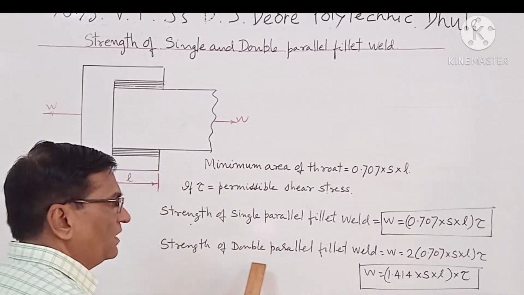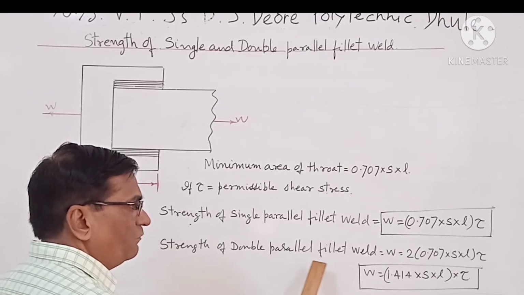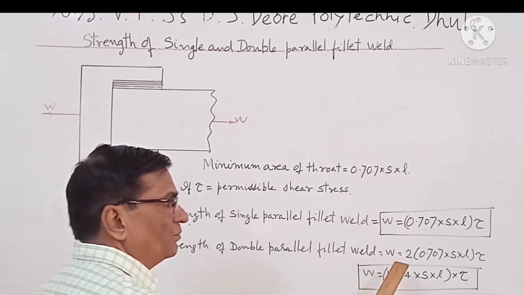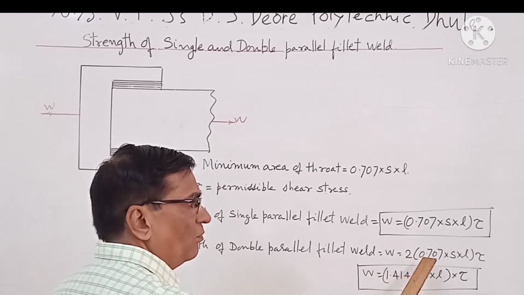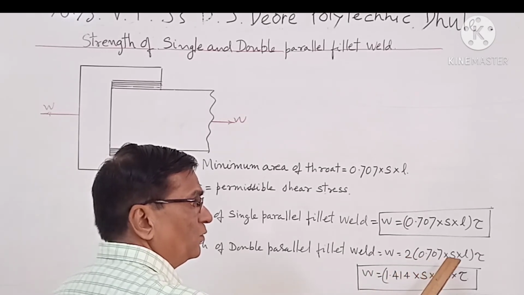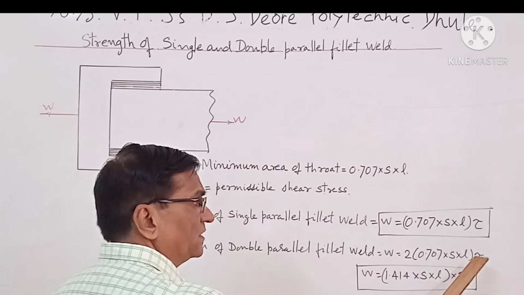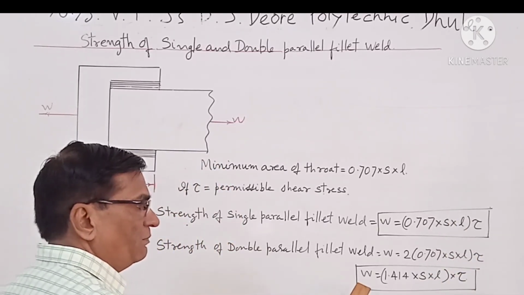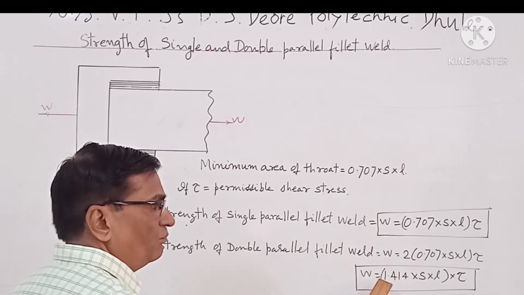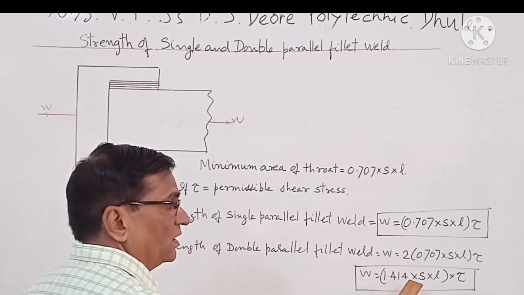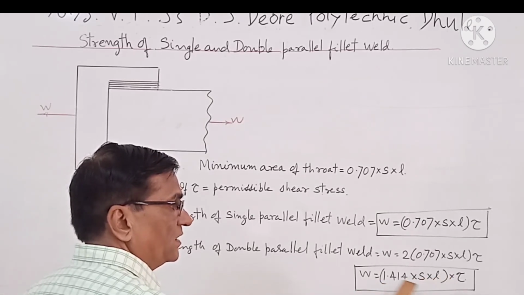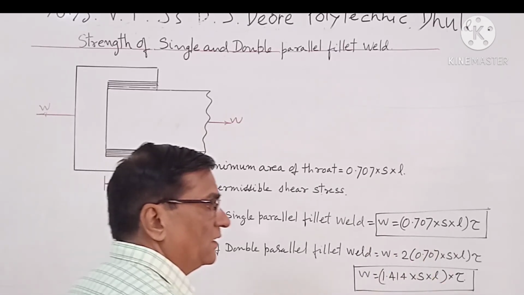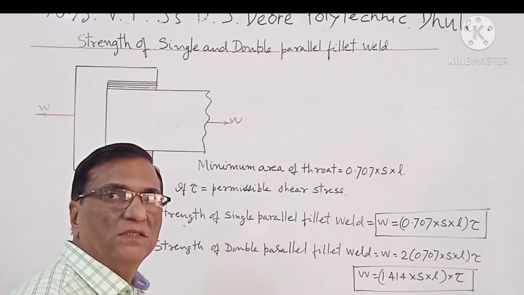And the strength of double parallel fillet weld will be double of this, that is equal to 2 into (0.707 into S into L) multiplied by tau. So this will be equal to W is equal to 1.414 into S into L, this is the area of throat, multiplied by tau, the permissible shear stress.